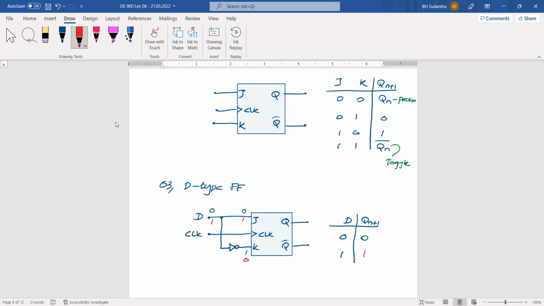Others have specific functions, but this is the only one we can use for data storing. This will remember whatever it has received as it is. Actually, this D type flip-flop, D means data type flip-flop.